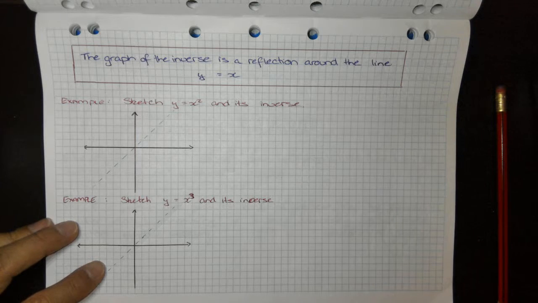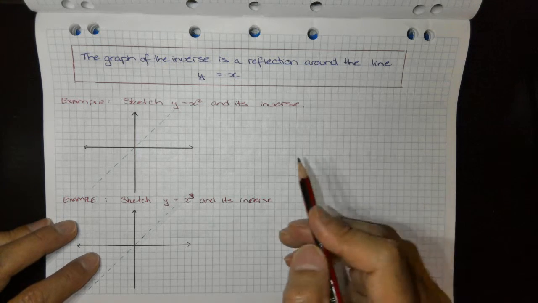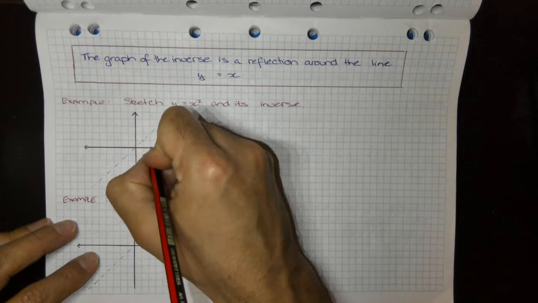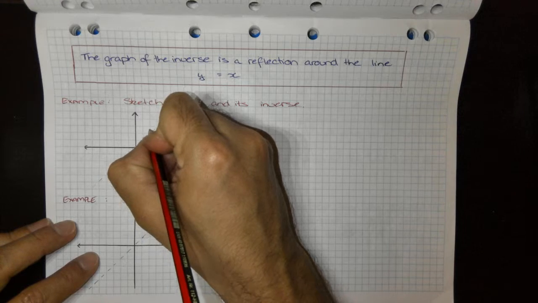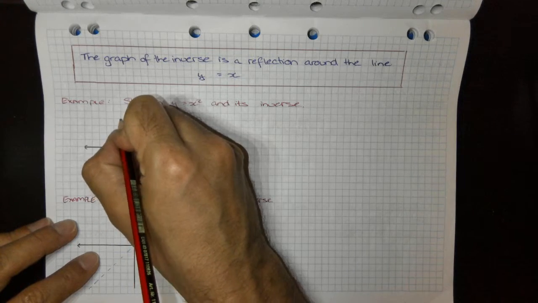So my first example is that we want to sketch y equals x squared and its inverse. This is basically a normal parabola. So 1, 1, 2, 4, and then 3, 8, minus 1, 2, and 4.